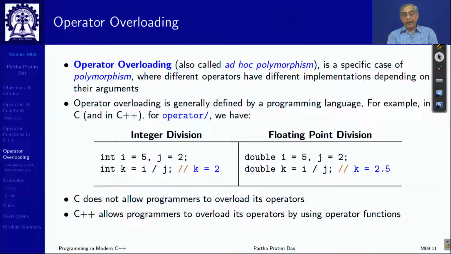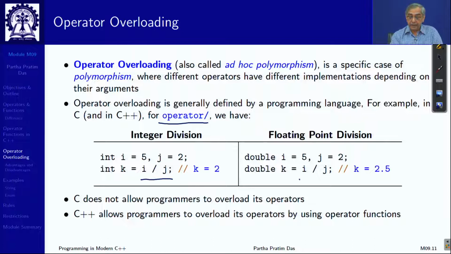In a programming language, if you look at the built-in types in C, you already have a lot of overloading. For example, think about operator division. If you have i and j which are integers, you write i slash j, the result is 2, because it is an integer division.